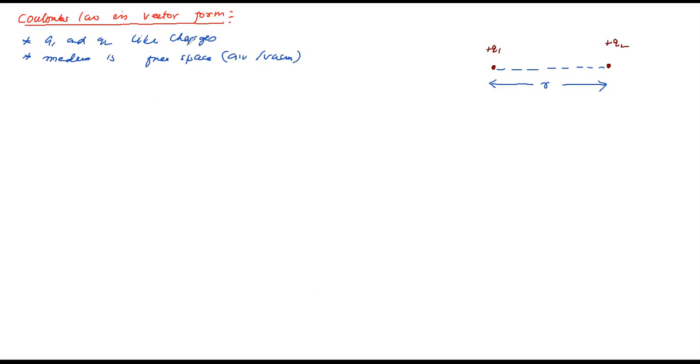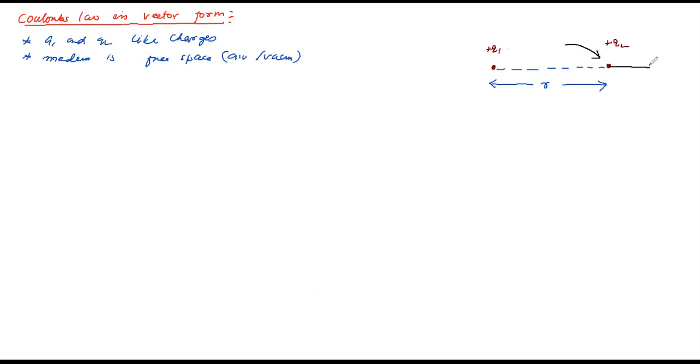Since q1 and q2 are like charges, there will be a repulsive force between these two point charges. In this case, charge q1 will exert a force on charge q2, and since these two charges are like charges, the force will be repulsive.